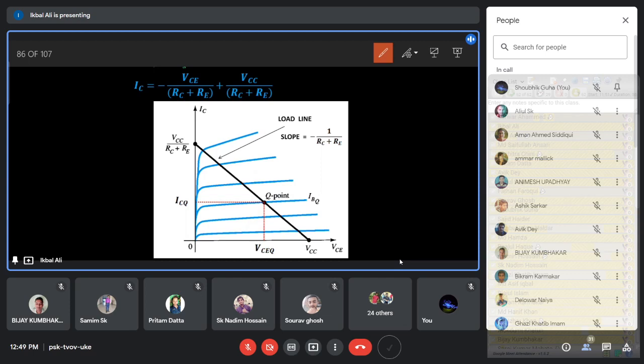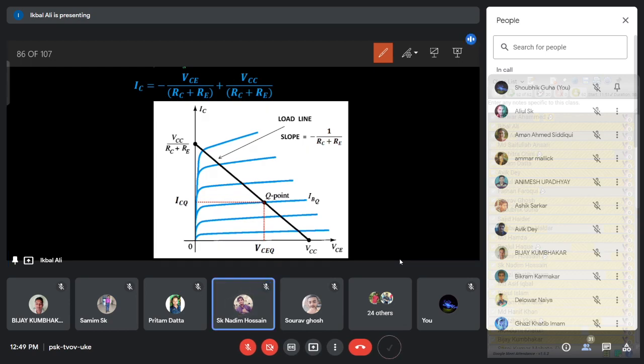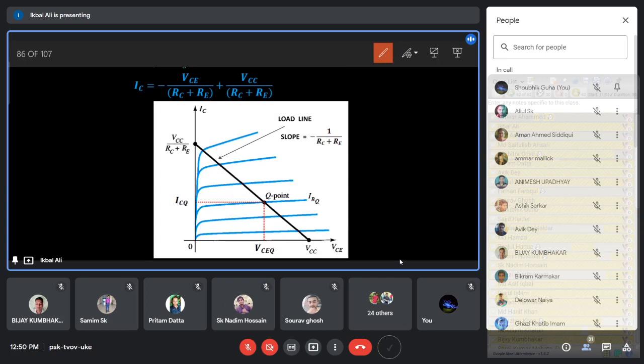IC is the Y parameter and VCE is the X parameter. Then what is the type of this equation? Straight line. It's a Y equal to mx plus c equation, where m is the gradient and c is the ordinate, the magnitude of the intercept on the ordinate from the origin.